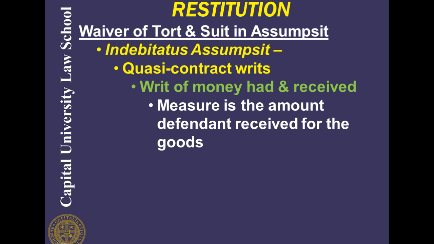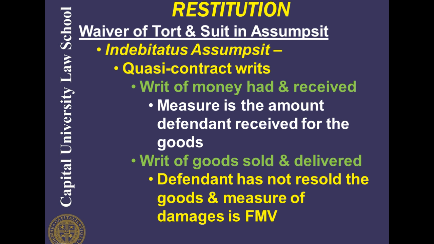The second writ that occurs here is the writ of goods sold and delivered. This writ is where the defendant has converted goods and retains them, does not sell them. And the measure here is the fair market value of the goods.